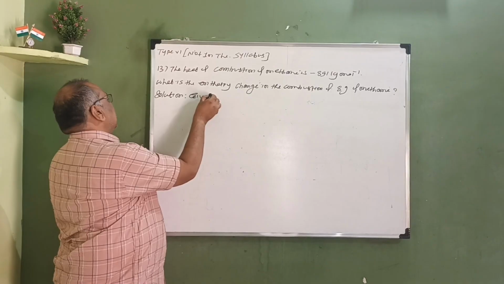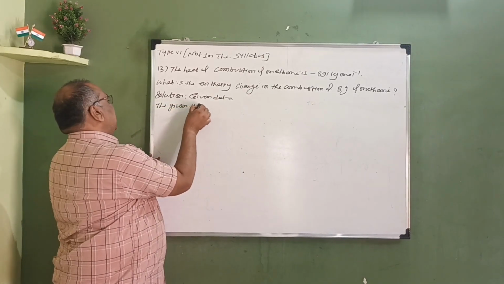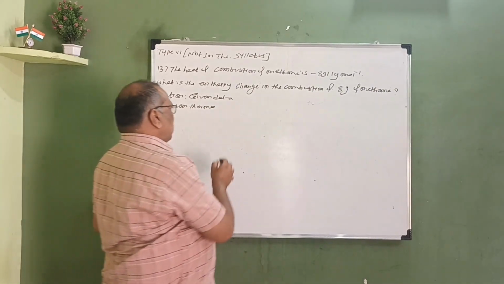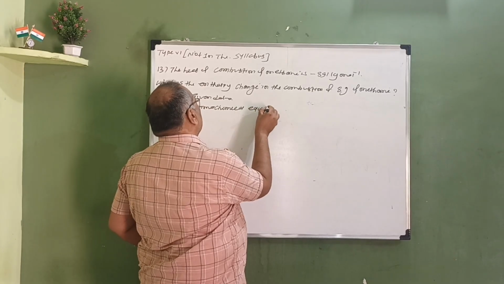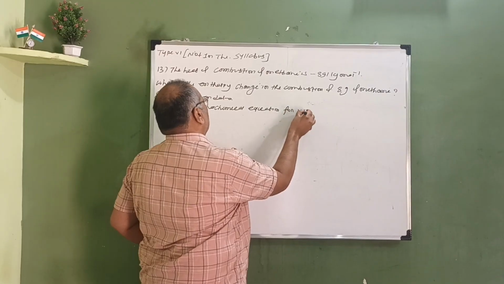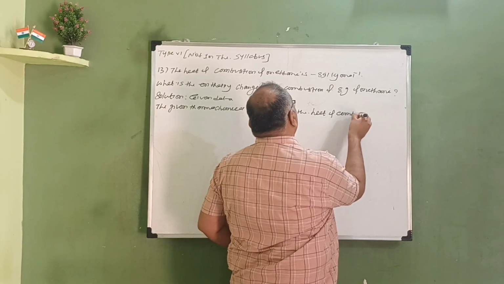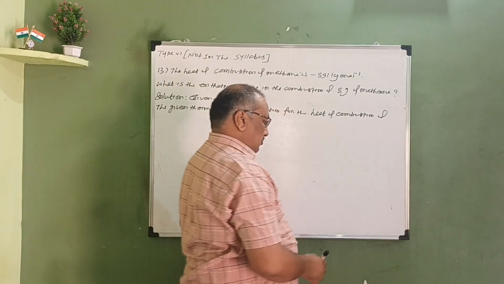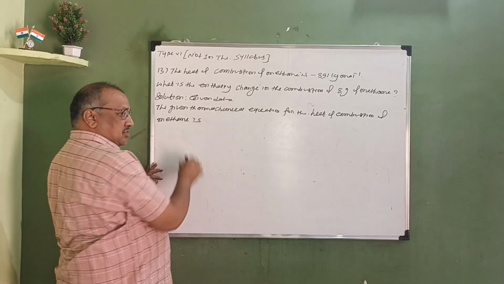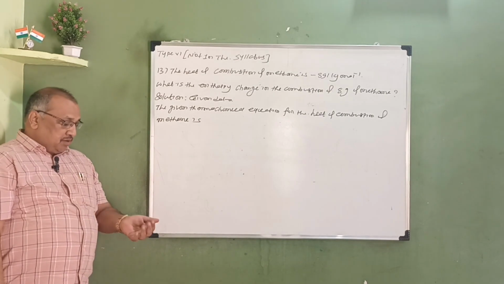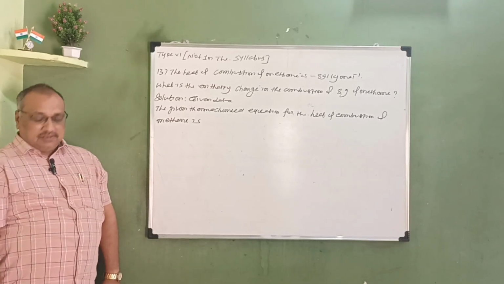Given data. Now here the given thermochemical equation for the heat of combustion of methane is, heat of combustion of methane means 1 mole of methane gas is completely burned in the excess of oxygen or air.